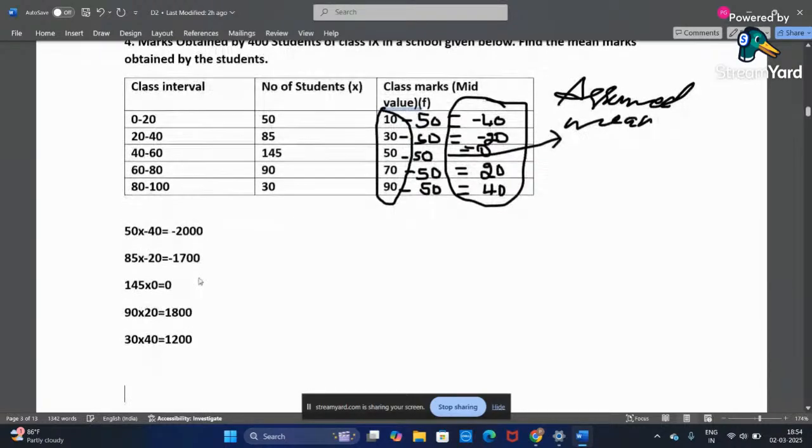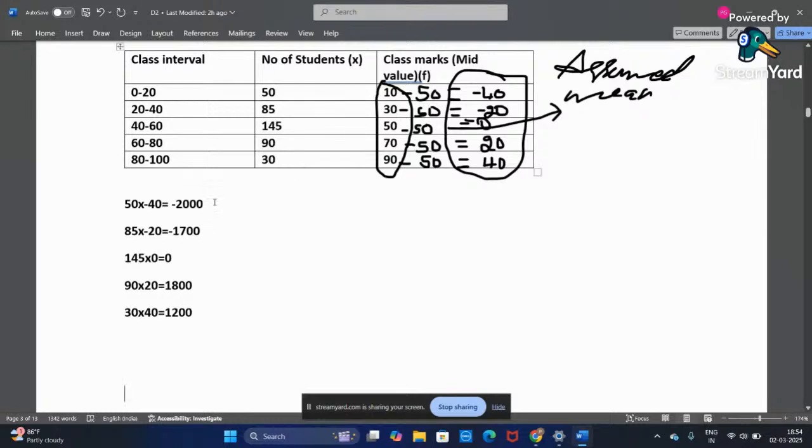Okay. Now we have to add all these numbers. These are the fx values. That means we are multiplying this number and this number.